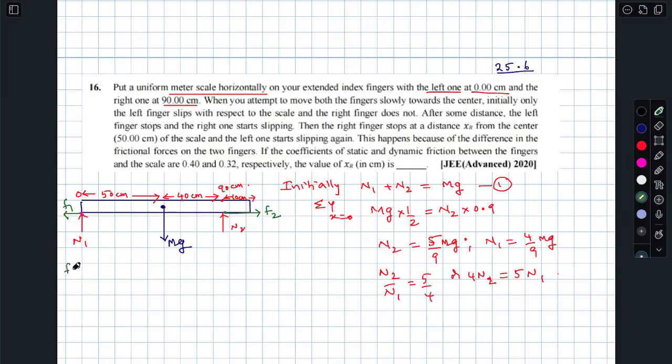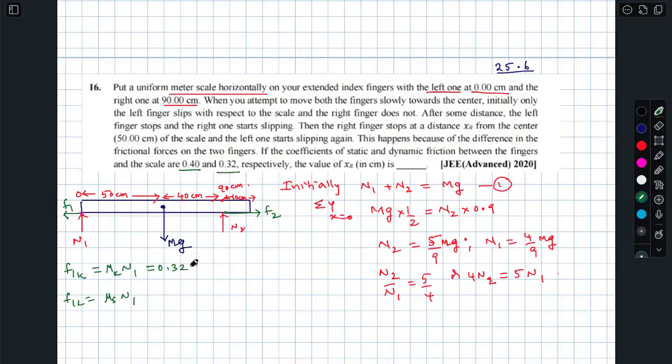So what is F1 kinetic part? Common sense, mu k N1. What is F1 limiting part? Mu s N1. Same situation you will face. By the way, do we know these values? Yes, because they have given mu s, mu k.